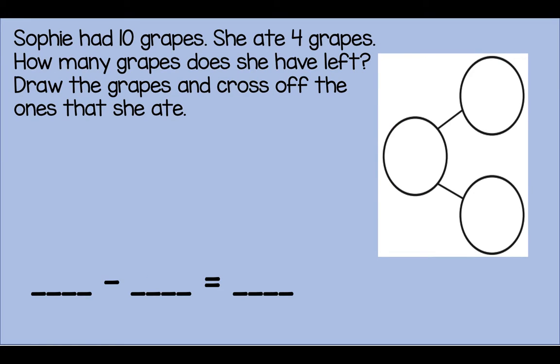All right, now I don't have a picture this time. I'm going to definitely do math circles to help figure this one out and fill out the number bond and number sentence to match. So Sophie had 10 grapes. She ate 4 grapes. How many grapes does she have left? Draw those grapes as math circles and cross off the ones that she ate. So I'm thinking about what's the whole and where does it go in that number bond right now.